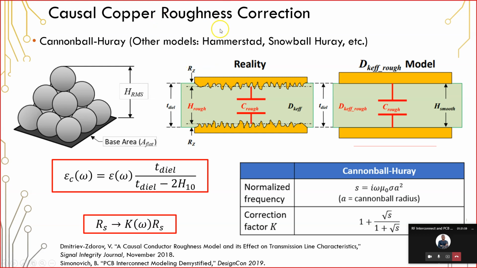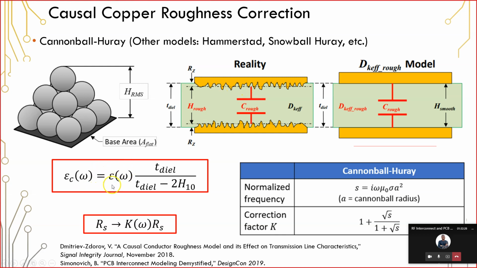Now, the effect of copper roughness is to modify the dielectric constant that is experienced by a signal traveling between these two conductor regions. In a real conductor on a PCB substrate, there will be some roughness, and this roughness profile will cause the dielectric constant to be different than the real dielectric constant.